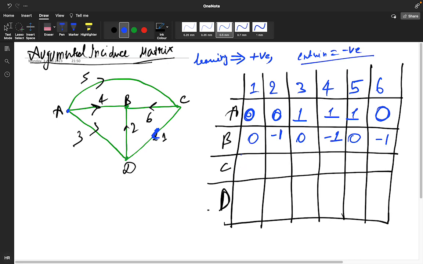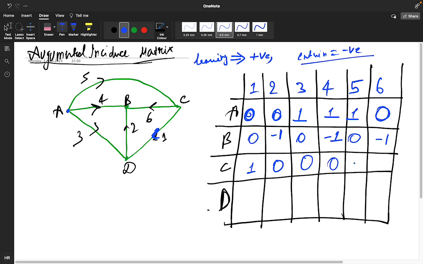Prasanna, please tell about C. What value will we get in C? Okay, 1. After that 0, after that 0, after that 0.